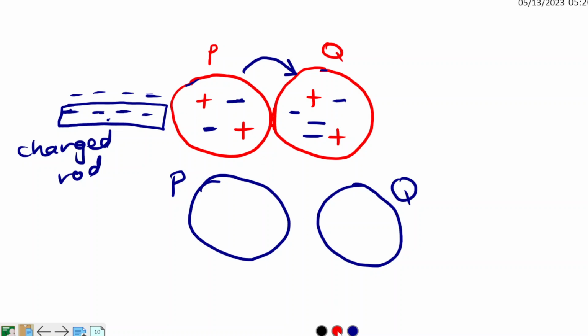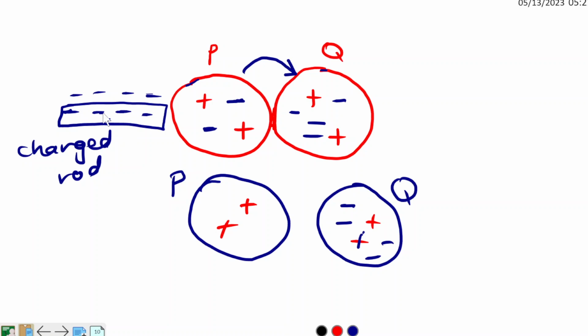So eventually sphere P will have more positives, and sphere Q will have more negatives than positives.